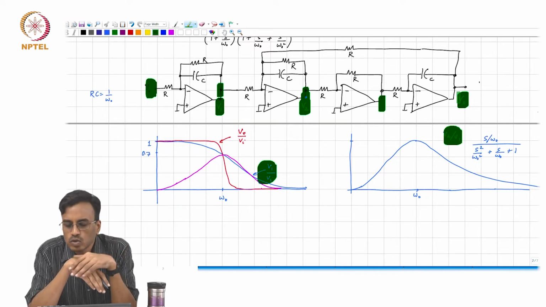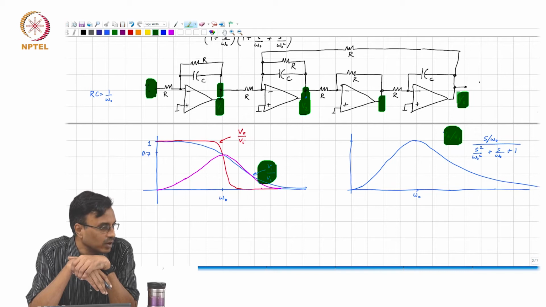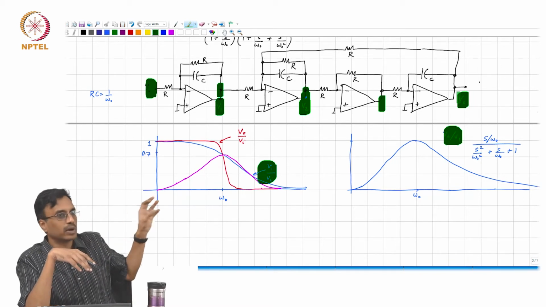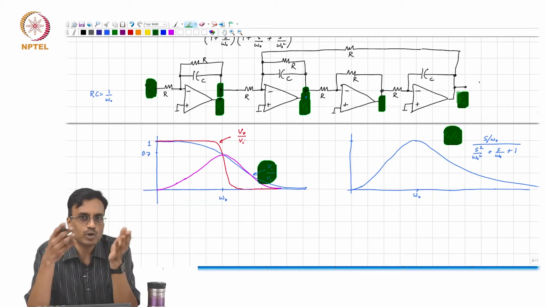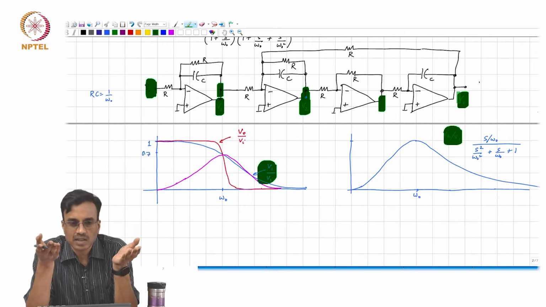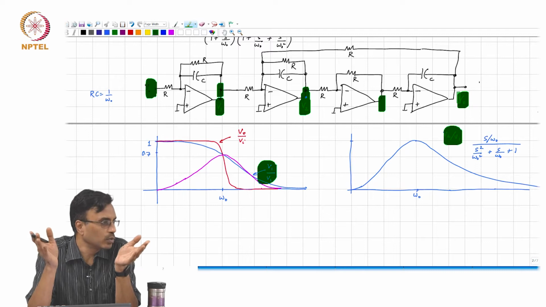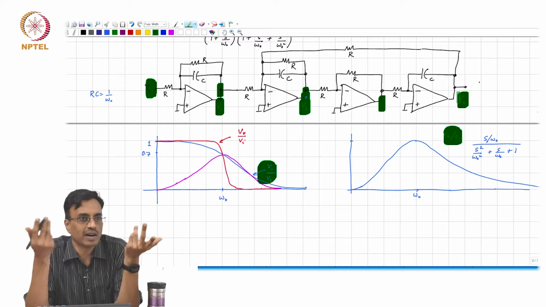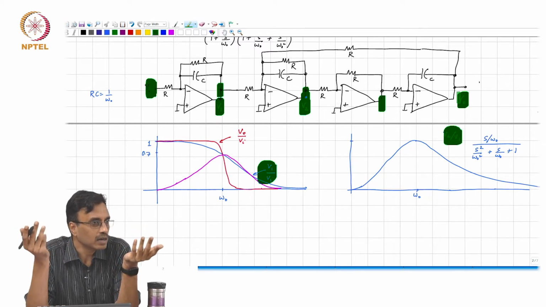So something that we have to contend with is that if you go on increasing the input amplitude, you will eventually reach a point where the op amp saturates, in which case the virtual ground is no longer virtual ground, and there is no longer a transfer function. The system has become nonlinear, right?